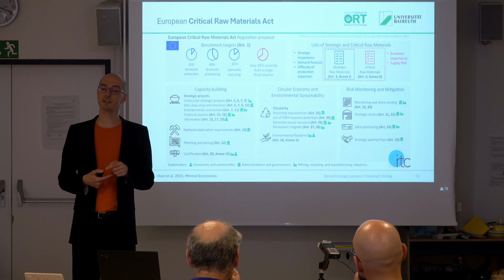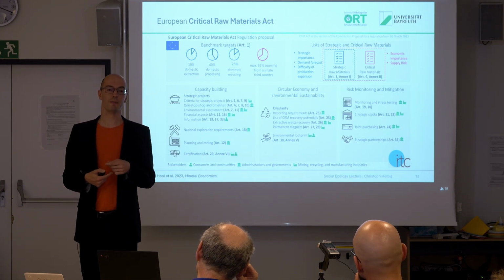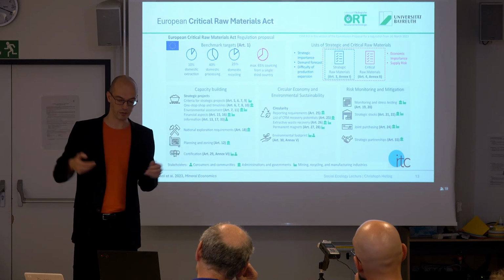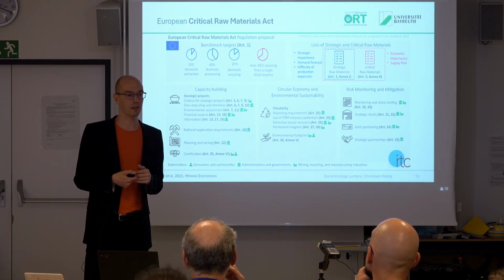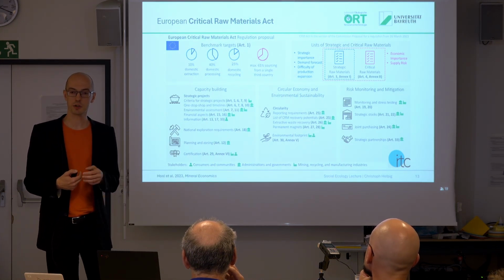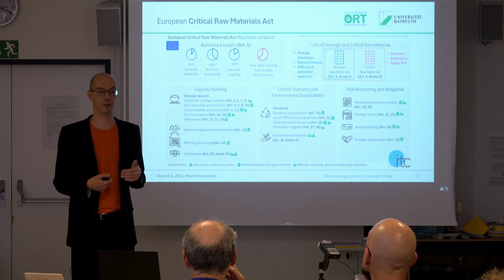But at the end of 2022, actually, the European Commission, under the von der Leyen Commission, started the process publicly to get feedback on a potential Critical Raw Materials Act. And now, 1.5 years later already, it's in force.